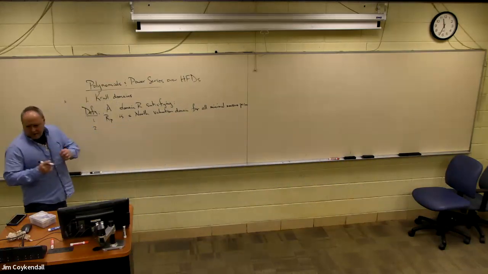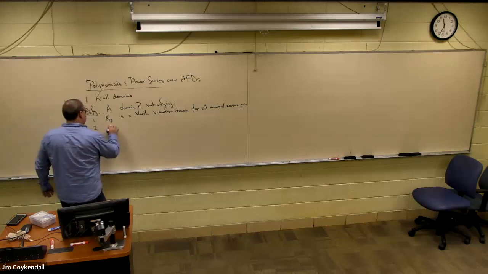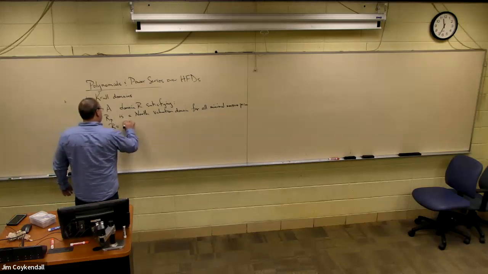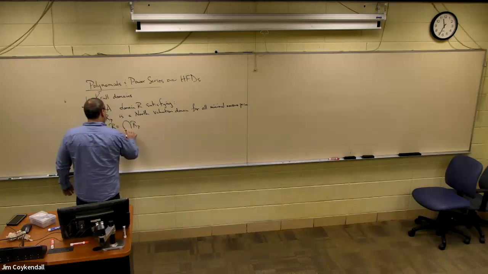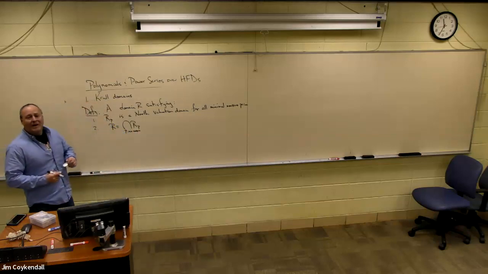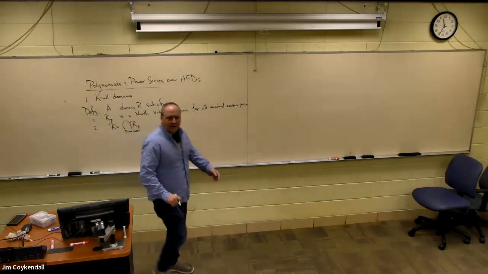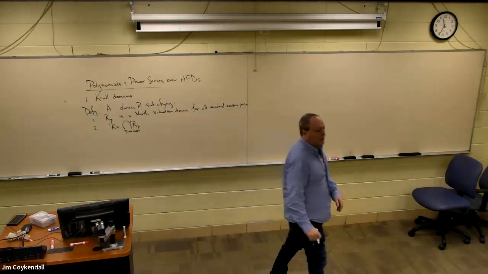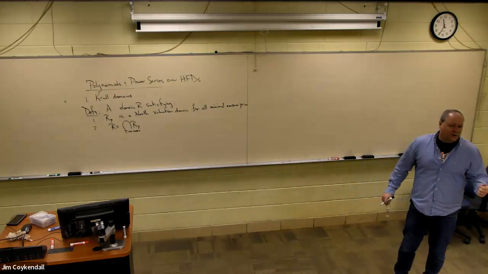Two, R is equal to the intersection of R localized at P. So if you take the family of all minimal non-zero primes and you intersect their localizations, you get R. Notice we already know that R is the intersection of R localized at the maximal ideals, right?